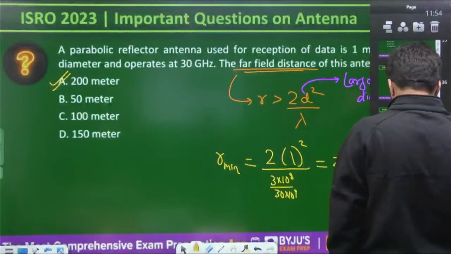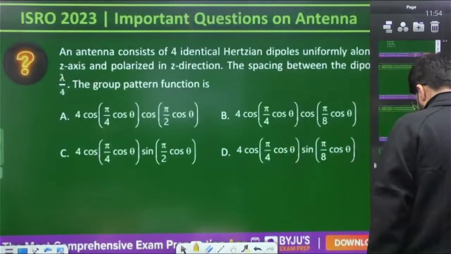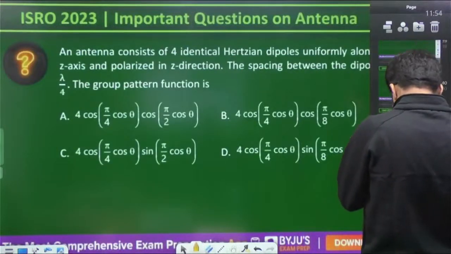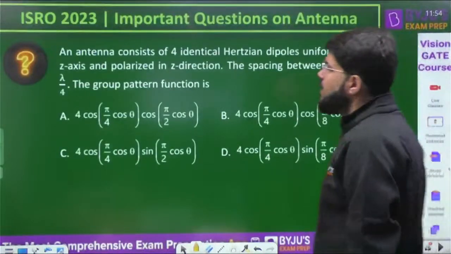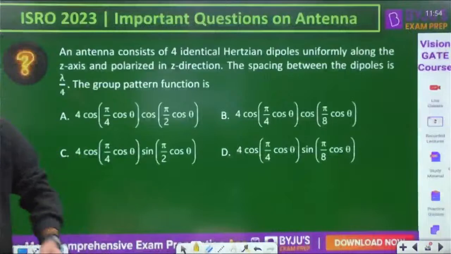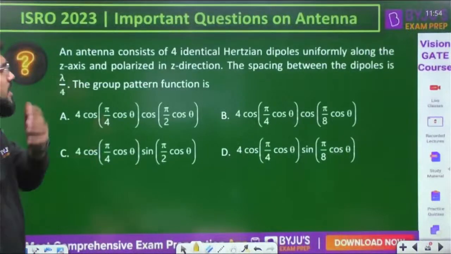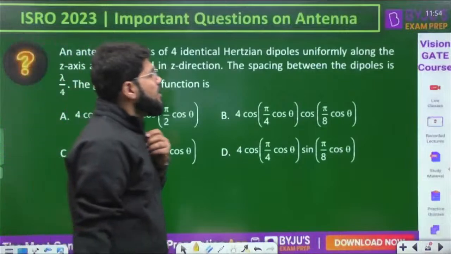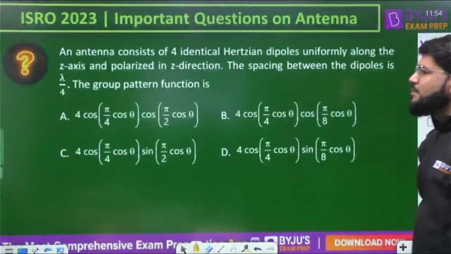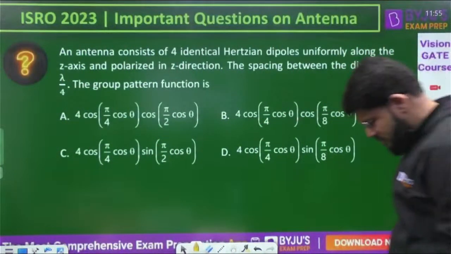Next question. An antenna consists of 4 identical Hertzian dipoles uniformly along the z-axis and polarized in the z direction. The spacing between the dipoles is lambda by 4. What is the group pattern function?